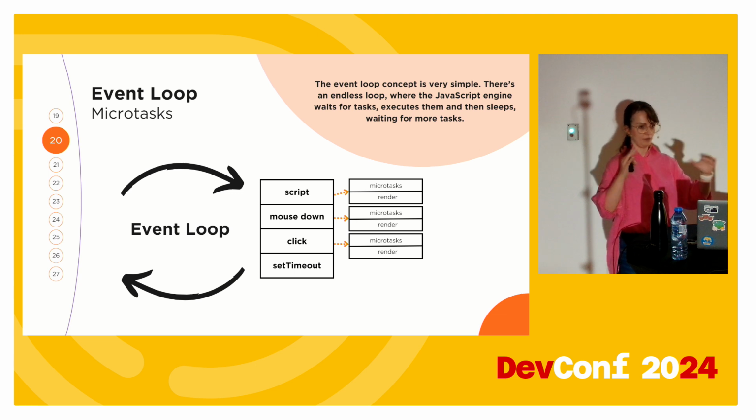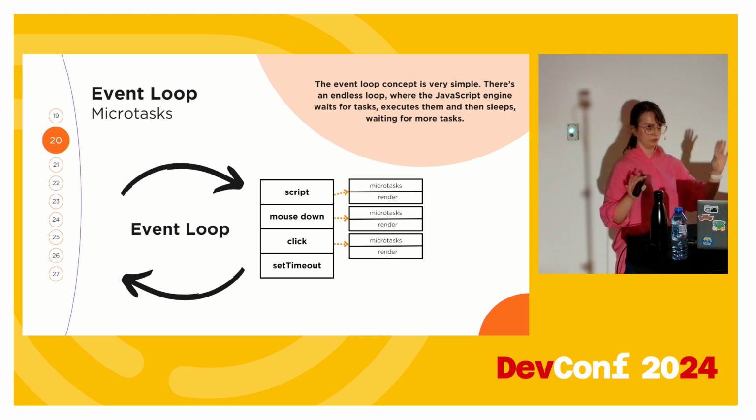So we have this big gray task, as we said, on the flame chart, and we can divide this big gray task into smaller ones.